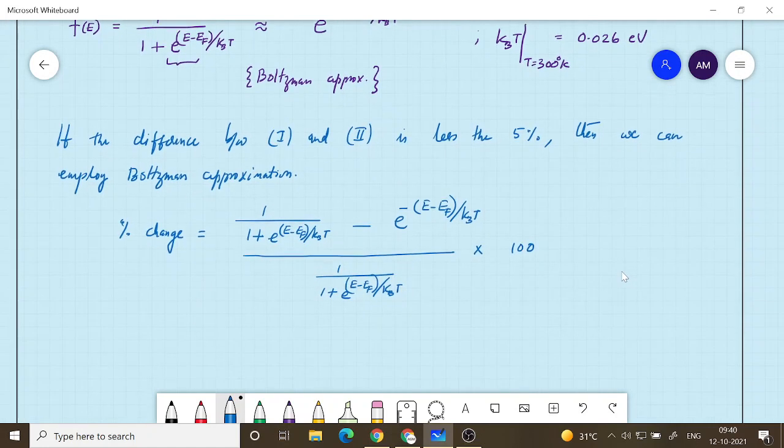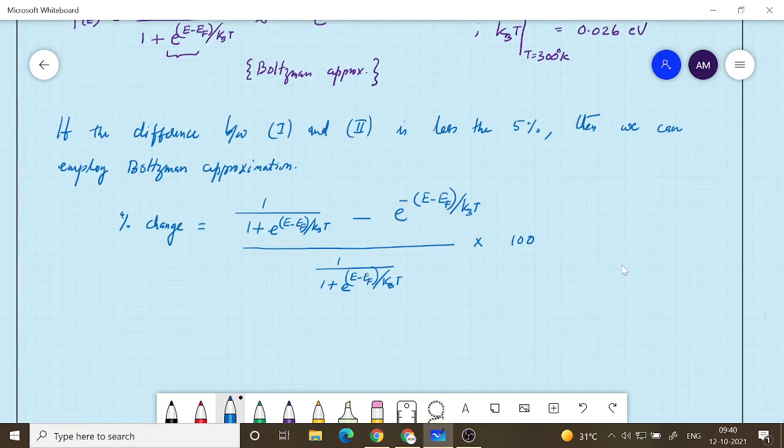So you can write this by multiplying both numerator and denominator with 1 plus e raised to (E minus Ef) by kBT.